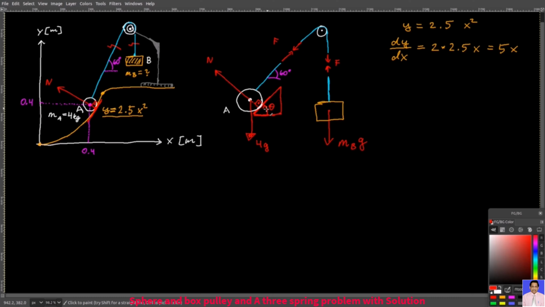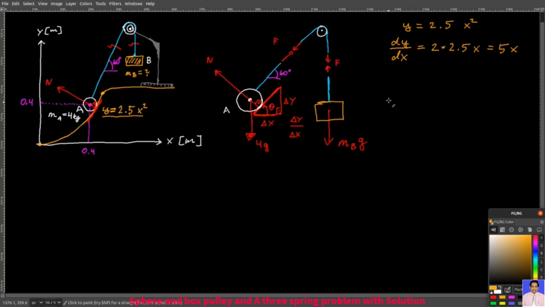So essentially, I can construct a right triangle here, and I have delta y here, delta x here, and so the slope of this red line here would be delta y over delta x. That's the slope of the line that is tangent to this parabolic curve at x equals 0.4 meters.